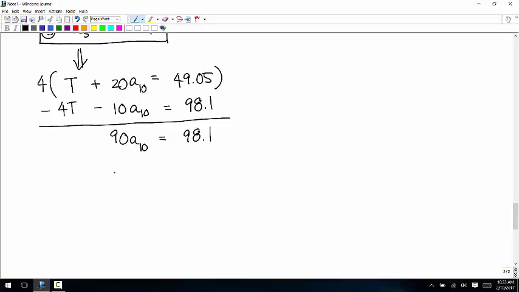And then you get what you told me, right? A10 is equal to 1.09 meters per second squared. Okay, let me think about this. So A10, the acceleration, is equal to 1.09 meters per second squared.